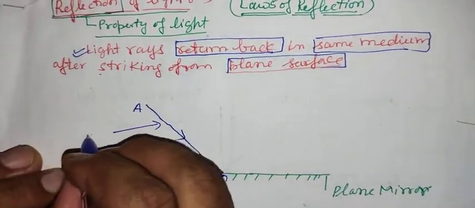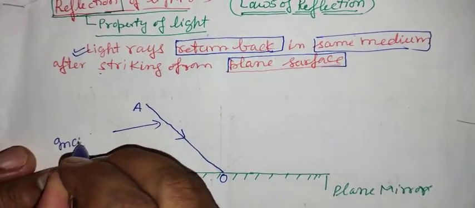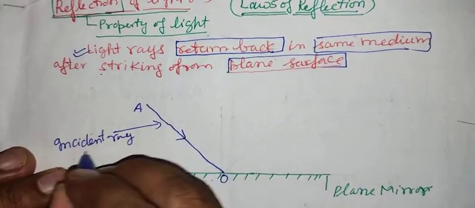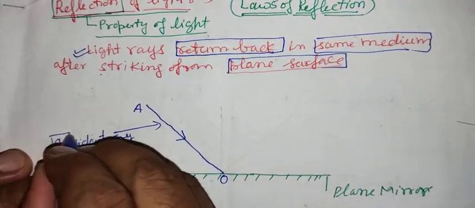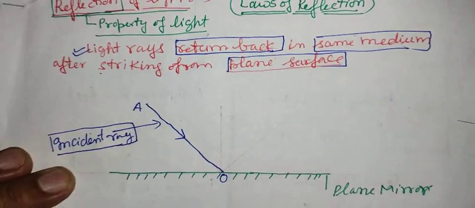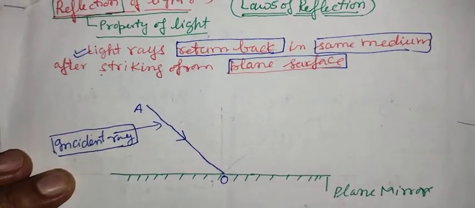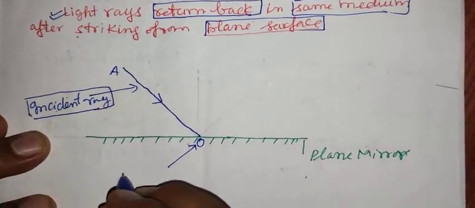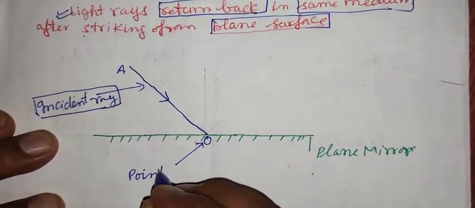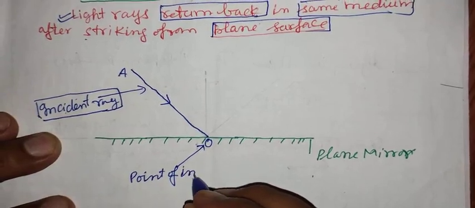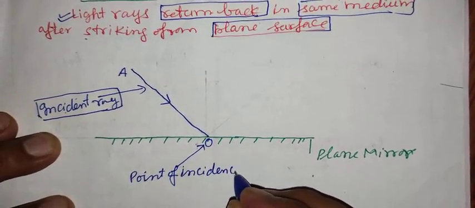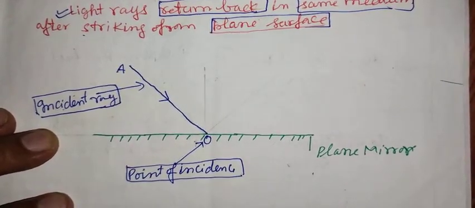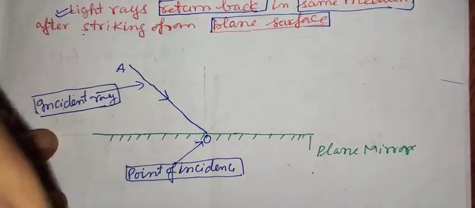So AO is called the incident ray. See the technical terms used in reflection of light. First, incident ray, and point O is called the point of incidence. The point where the light falls is called the point of incidence.